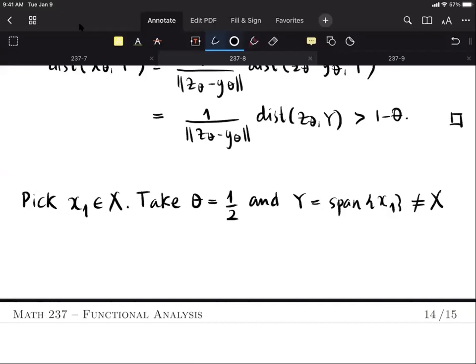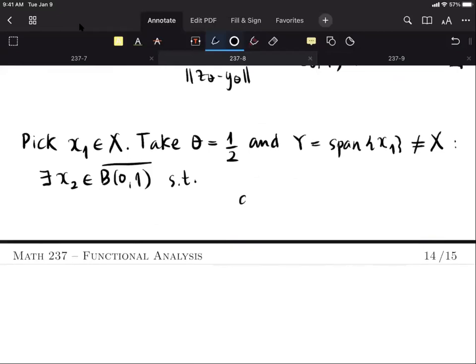And from here, we can find, let's say, an x2 with norm equal to 1. So in particular, it is in the closed unit ball, such that the distance between x2 and y, let us say it's y1, is greater than 1/2.